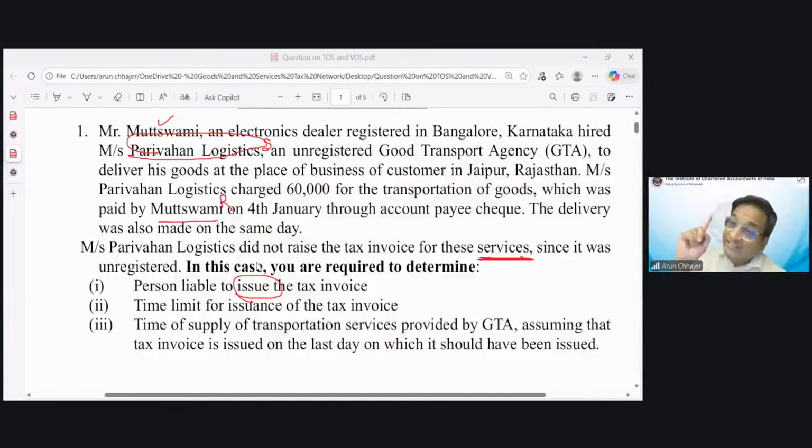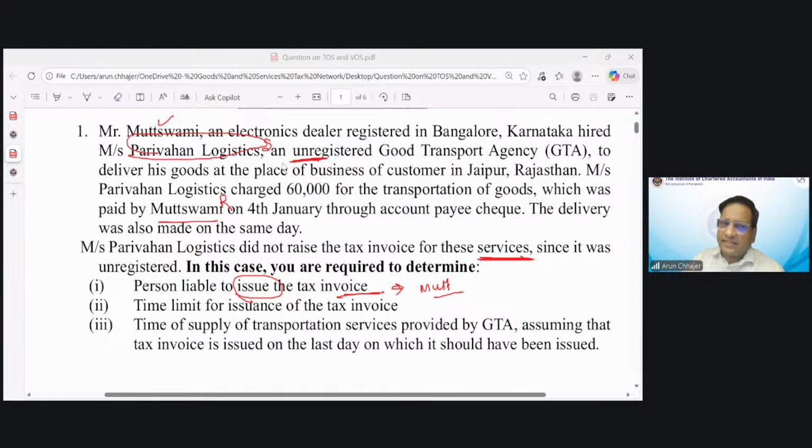You have to say it for the supplier, because in this case, the supplier is unregistered. Liability to make the self invoice is on the recipient. You will give this reason: because the supplier, Parivahan Logistic, is unregistered, the invoice is required to be issued by the recipient as it is covered under reverse charge.